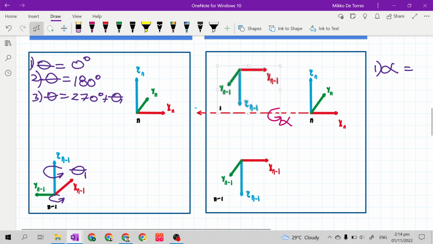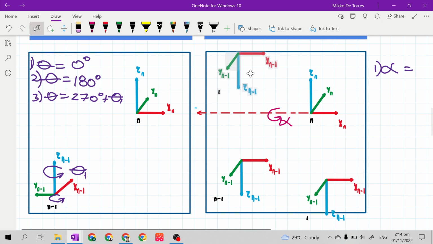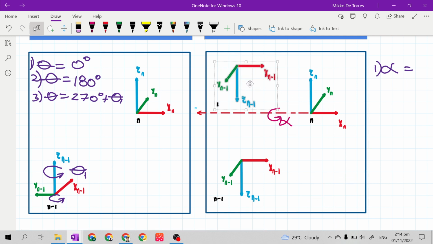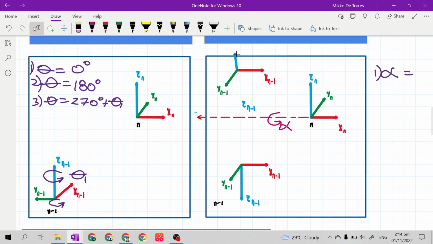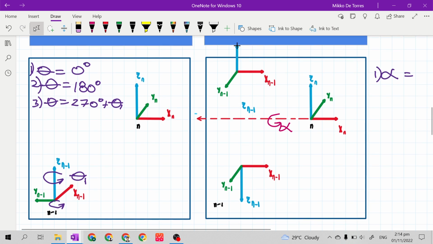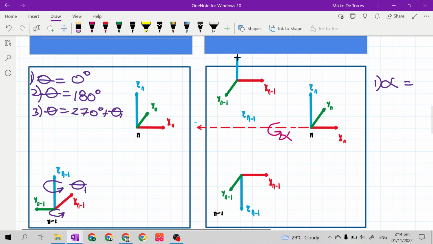There will be a rotation here. Then the frame n minus 1 will go here, then z sub n minus 1 will change its orientation and direction.